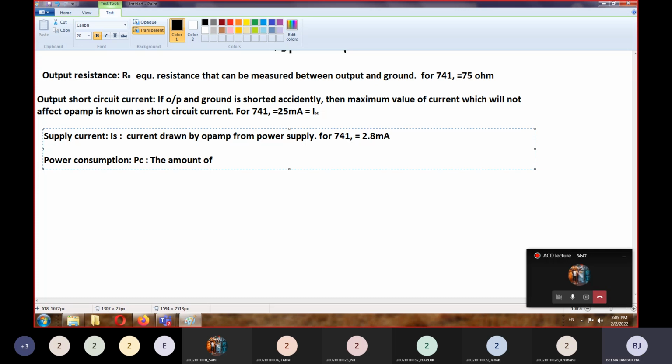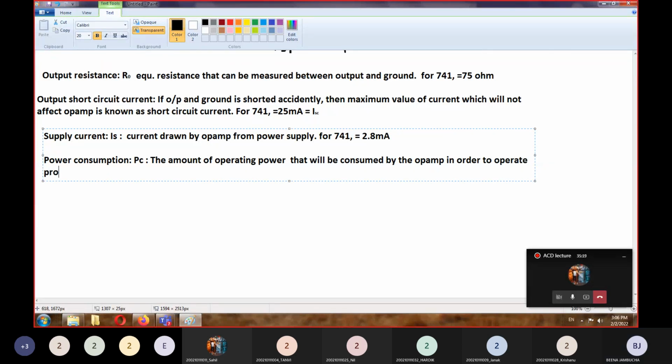the amount of operating power that will be consumed by the op amp in order to operate properly, right?